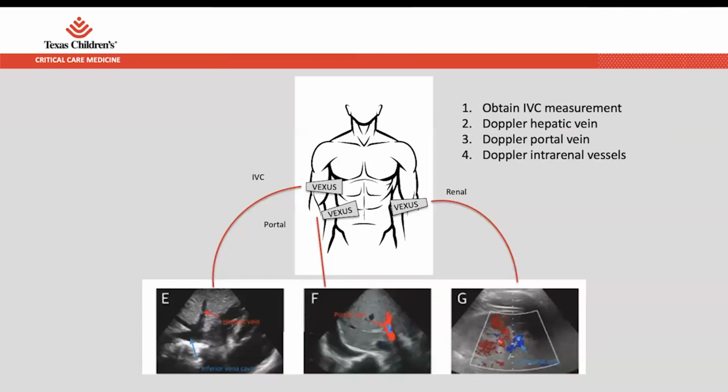That brings in questions as to the utility of IVC measurements, but this is one of the things that the system is predicated on, and it really shoots for trying to at least parse out the patients that may have variability in some of these signals for non-fluid-overloaded reasons. And then you can obtain the hepatic, portal, and renal vessel measurements in any order that you find useful.